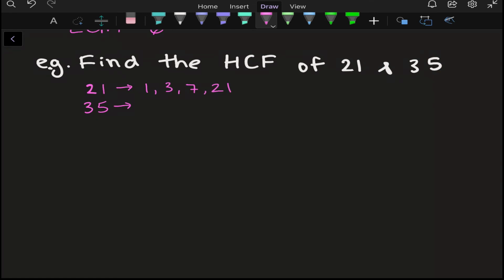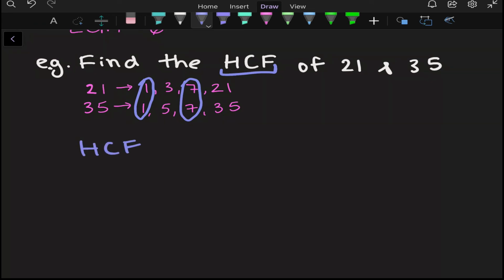Yep, there we go. And 35. 1, 5, 7, 35. Okay, so by looking like this, we know that these are common and these are common. But we want the highest common factor. So like this. So our HCF is equal to 7. All right, hopefully you got that one.